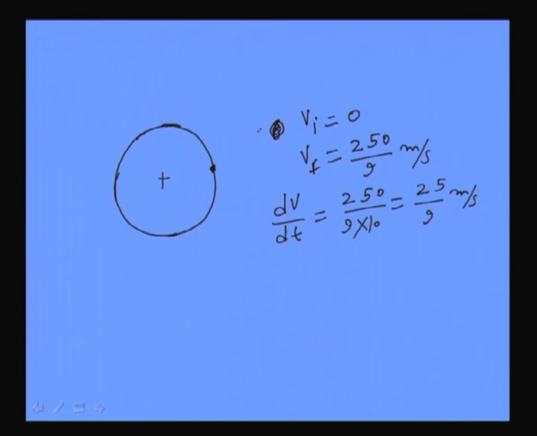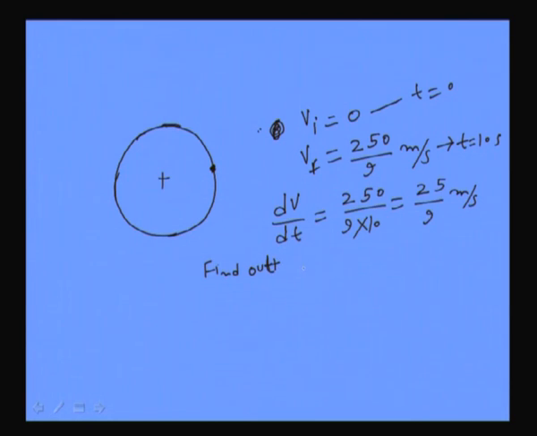Now, Vi is equal to 0 at t is equal to 0, and this is at t is equal to 10 seconds. It is desired to find out the acceleration at t is equal to 8 seconds.